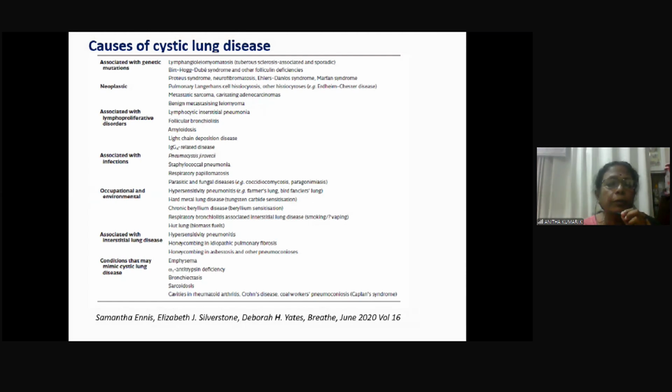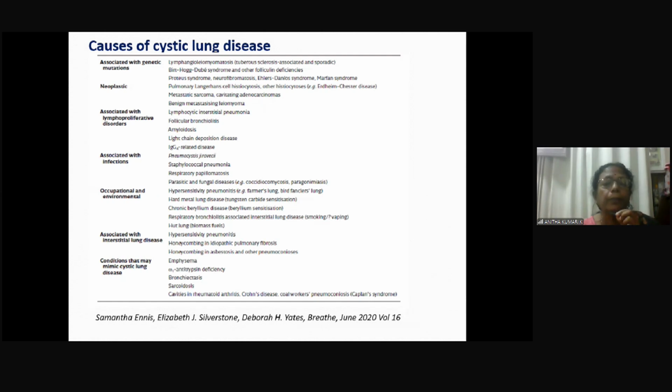Accordingly, you have the diseases associated with genetic mutations, under which you have LAM and Birt-Hogg-Dube, and neoplastic conditions, under which we have pulmonary Langerhans cell histiocytosis. Then associated with lymphoproliferative disorders, we have LIP. Then, of course, there are conditions associated with infections, occupational and environmental conditions associated with interstitial lung disease, and conditions that mimic cystic lung diseases.